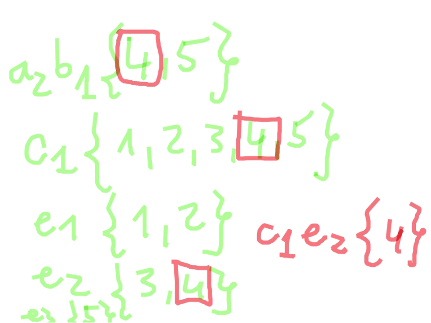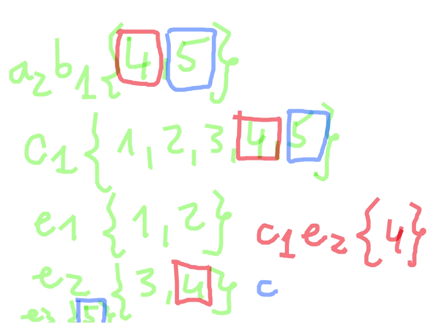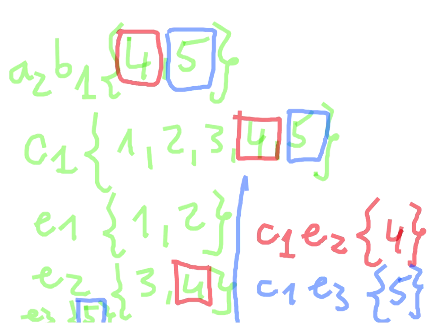The second intersection is 5 here, and 5 here. So C1 E3 with 5. Is it clear?